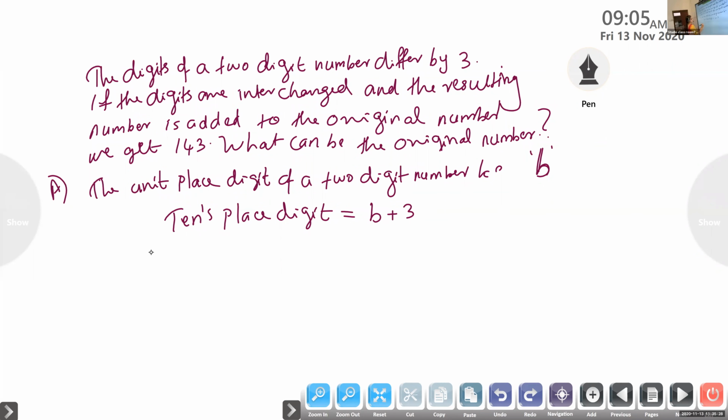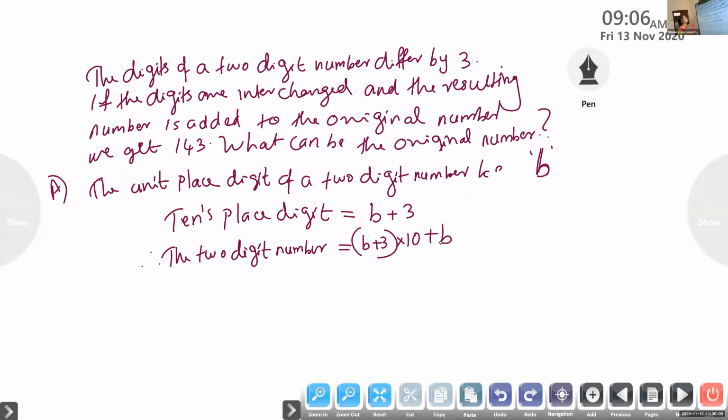Tens place is B plus 3, into 10, plus B. Understood all of you this? The number is B plus 3 into 10 plus B, because B is the unit place digit and B plus 3 is the tens place digit. So B plus 3 into 10 plus B.